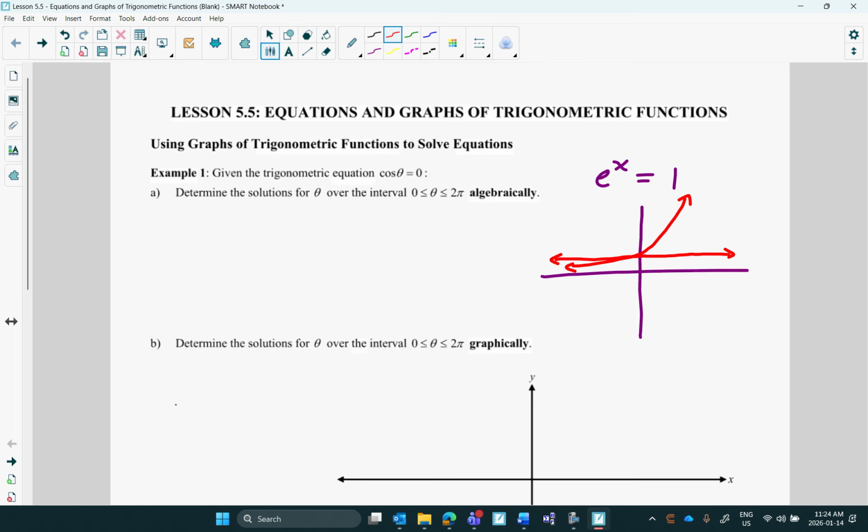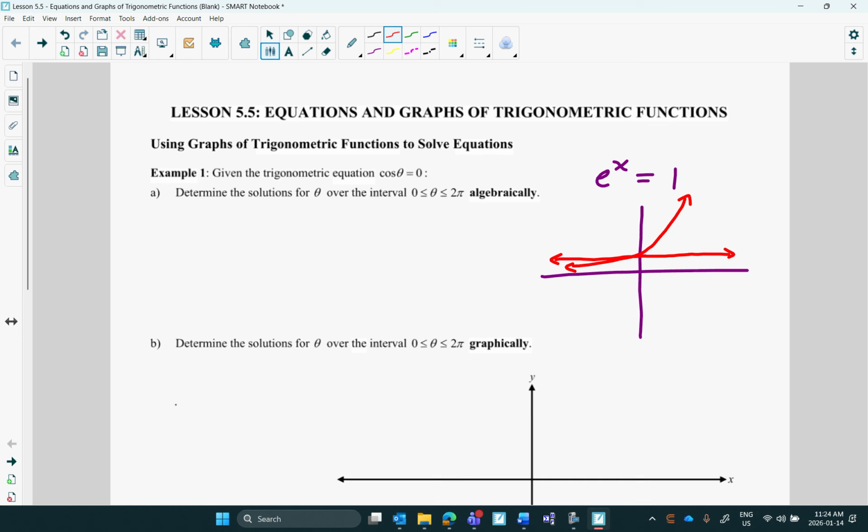Okay. What's the solution? You don't even know what this is yet. What did I say to look for?